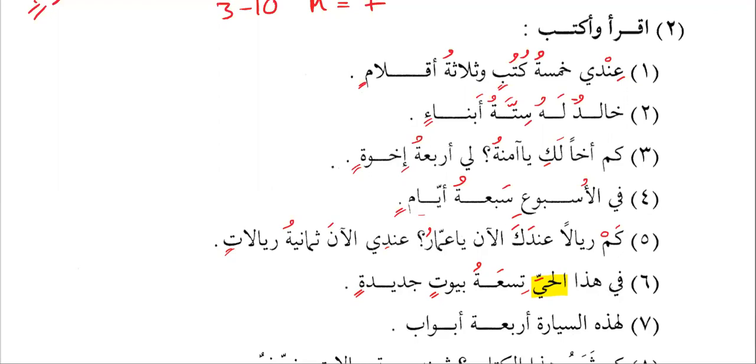In this area there are 9 new houses, because جديدة is a منعوت النعت. So 9 بيوت جديدة, there are 9 new houses. جيد.